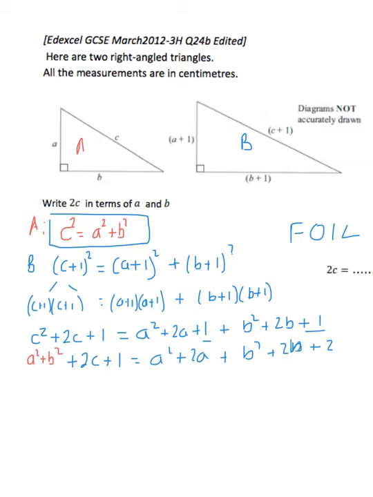Right, now I just want it in terms of 2C, so I need to rearrange the formula now to leave me with just 2C.